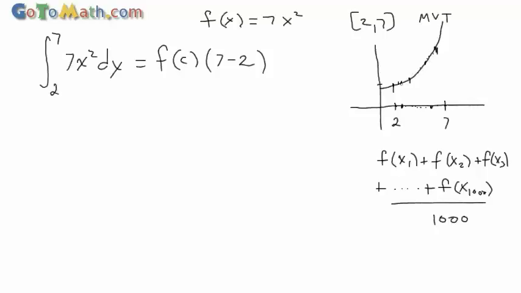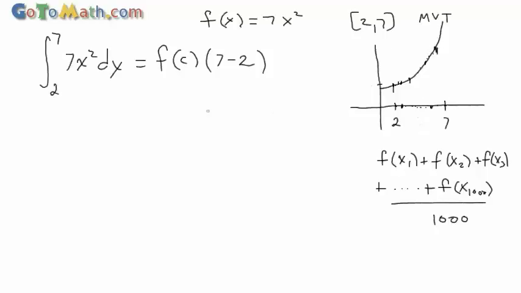Of course, you could do this without doing it randomly. You could start at something real close to 2 here and then just keep going until you get to here. Sum up all your y values, divide by 1,000, and that's going to give you your average y value. Try doing this by hand, you'll understand it better.